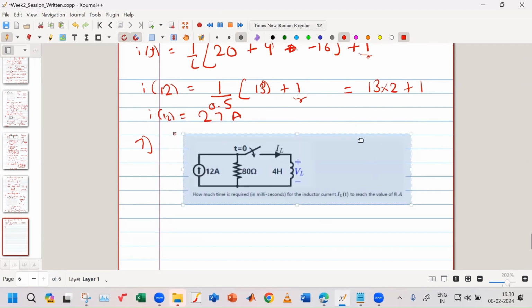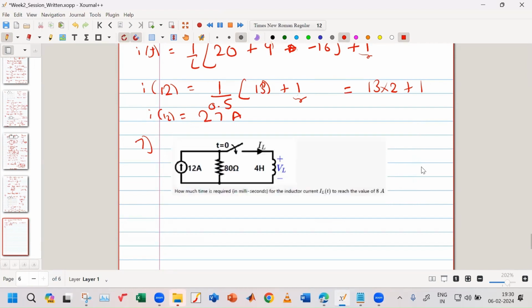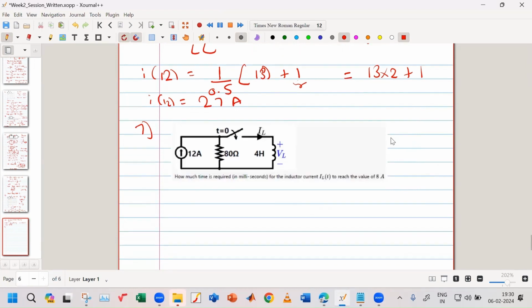Can you guys see this question? Yes, sir. This question is very interesting. There are two things. Before time t equal to 0, what was the circuit? It was like this. There's a 12 ampere current source.